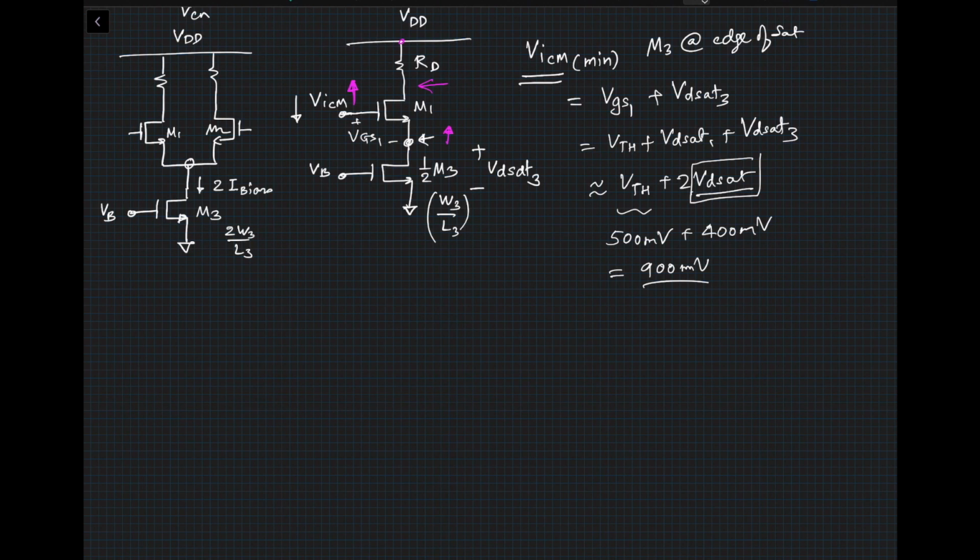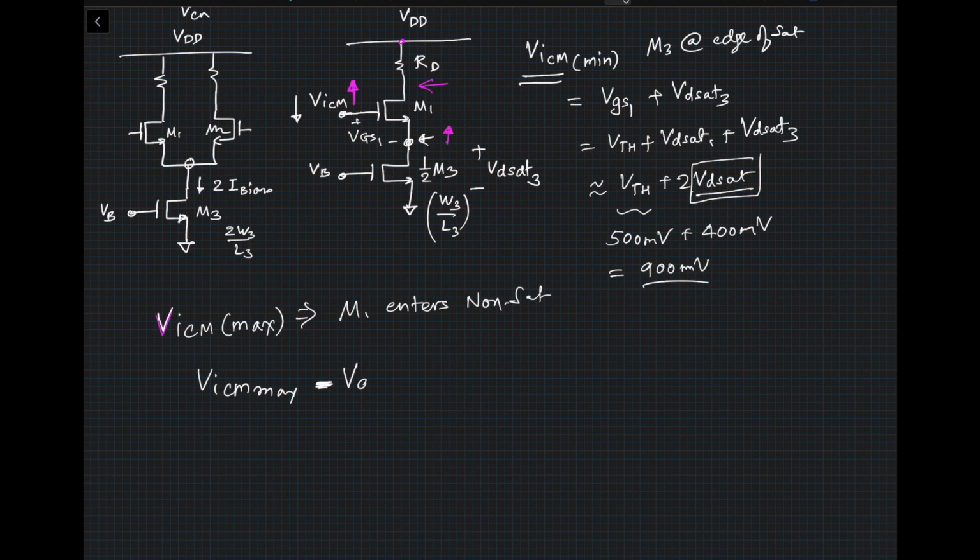So let's say VICM max is when M1 enters non-sat. VICM max minus VGS1 would be the voltage at the source.